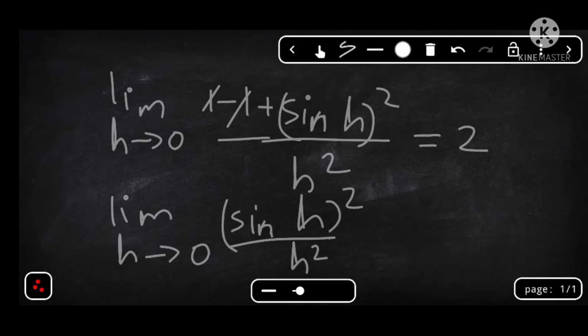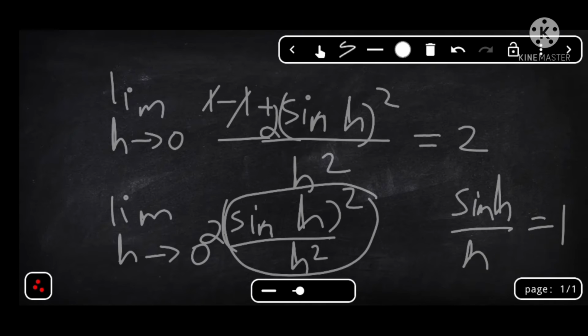Oh, there is a 2 behind. We have a 2. So sin h by h is 1, and this whole term is going to be 1. So our value will be 2. This is how this 2 is obtained.